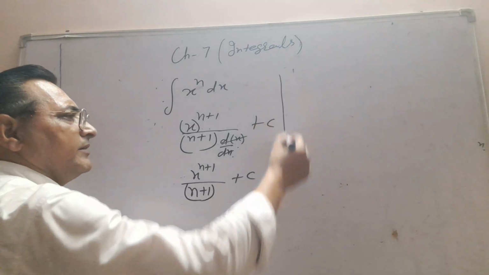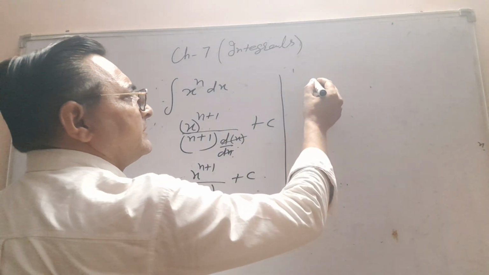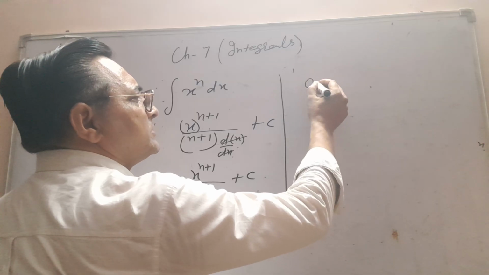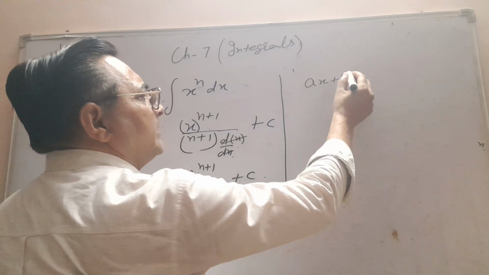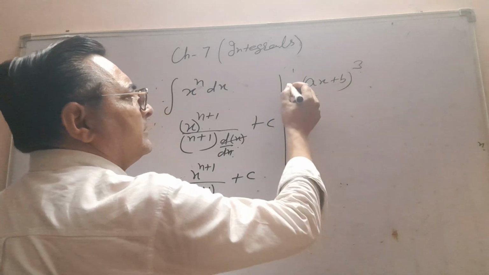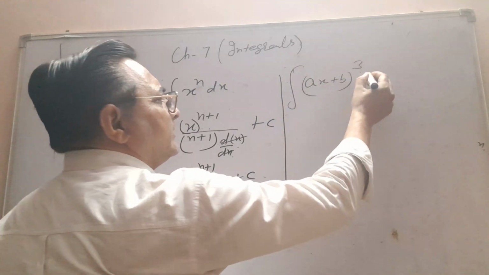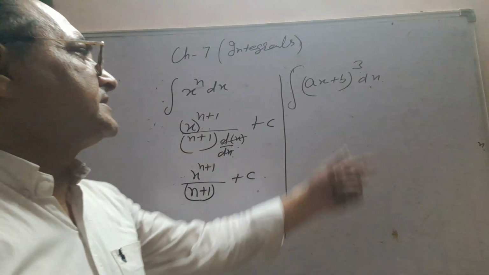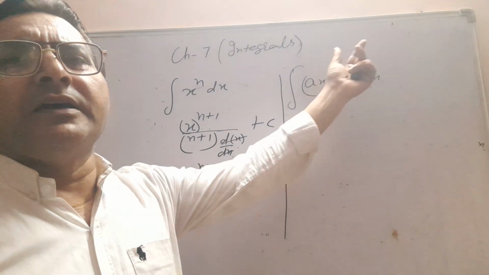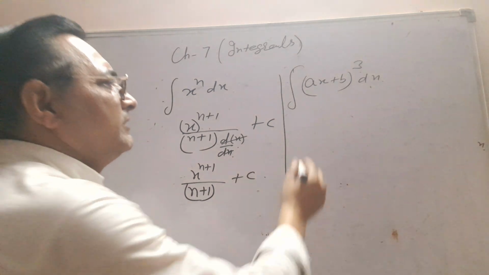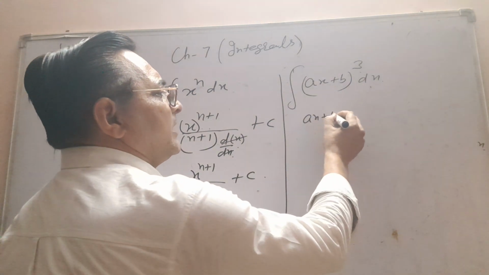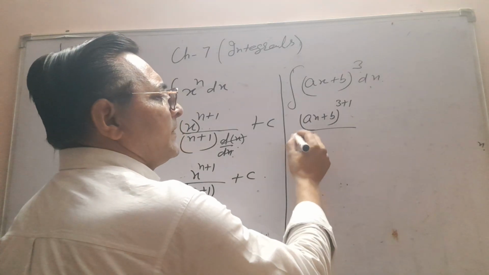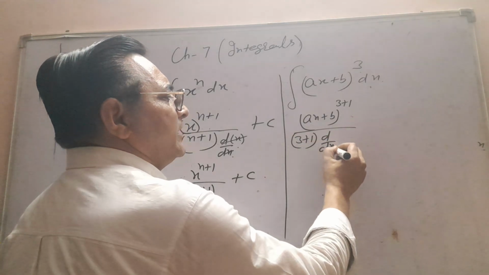So the same if we take the function (ax plus b) power 3, you have to integrate. So what we will do? Suppose that this is the x power n. First of all we will write (ax plus b) power 3 plus 1 upon 3 plus 1 into the derivative of the base, ax plus b, in the denominator.